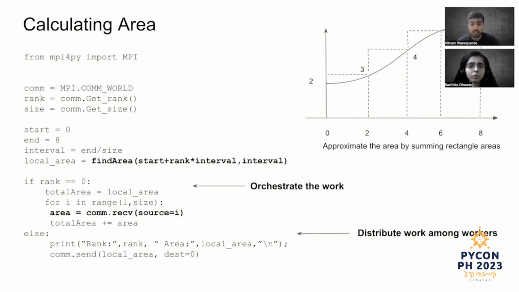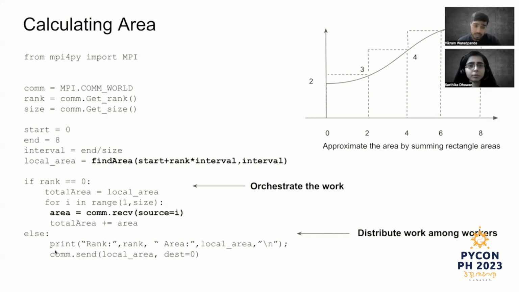At this point, each one has its own area computed by itself, and all of this has happened in parallel. But then I orchestrate the work using rank 0, meaning the process with rank 0 will aggregate all those areas: it will receive areas and sum them up in the variable total area. And its counterpart processes, that is, processes 1, 2, and 3, would send those areas.